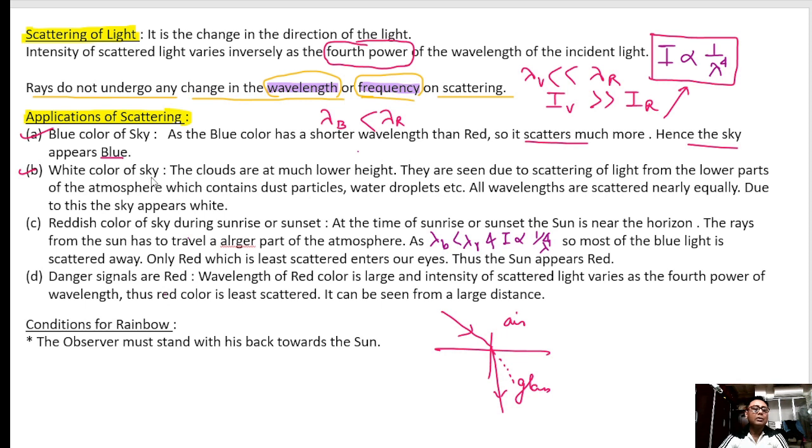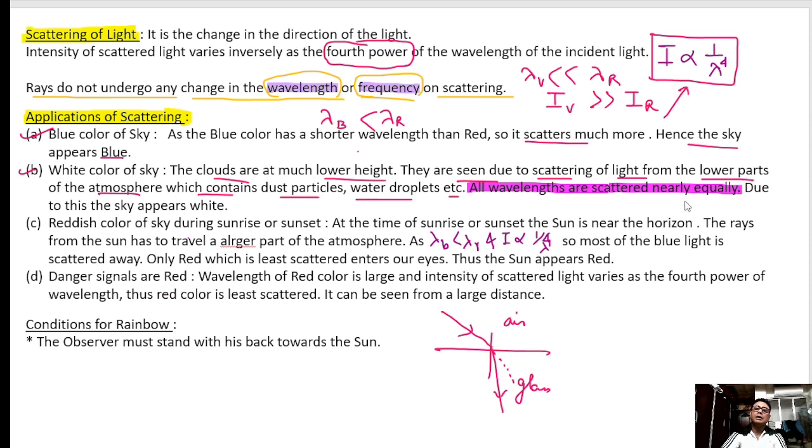Second, the white color of the sky. Why is the sky appearing white most times? Because the clouds are very low in height. They are seen due to scattering of light from the lower parts of the atmosphere, which contain dust particles, water droplets, etc. This is important: due to the presence of water droplets and dust particles, all wavelengths of light are scattered equally.